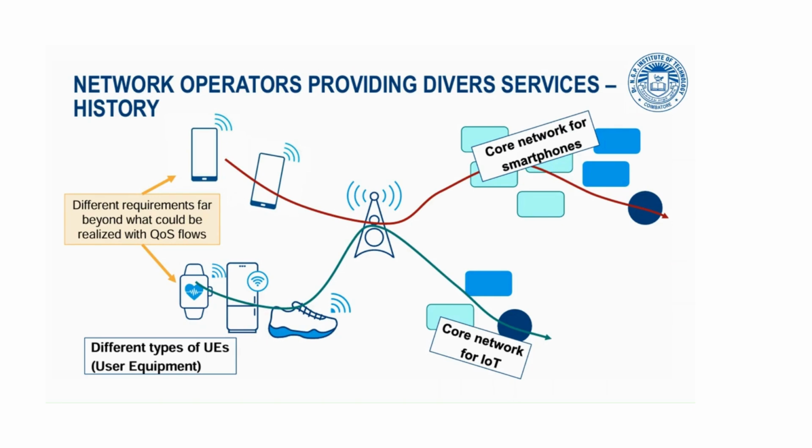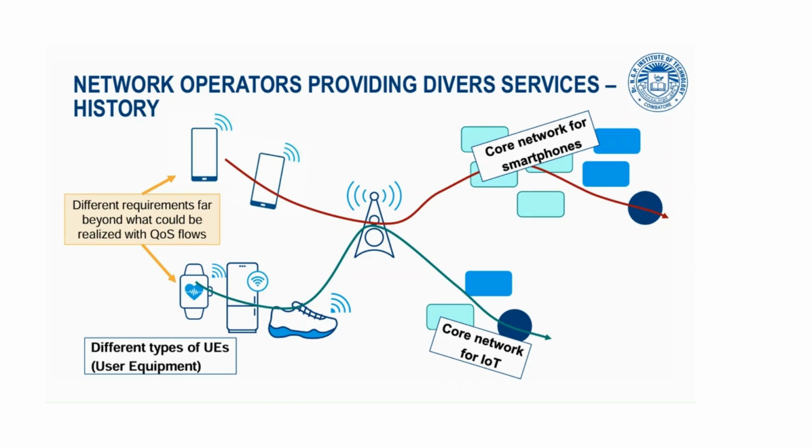So one core network is optimized for smartphones, supporting high-speed data, voice, and multimedia. And another is optimized for IoT devices, tailored for massive connectivity, energy efficiency, and sometimes lower latency or reliability needs. So the slide highlights how the proliferation of device types and their widely differing service requirements created complexity for operators, who needed dedicated network cores and could not meet all needs using only basic QoS flows.